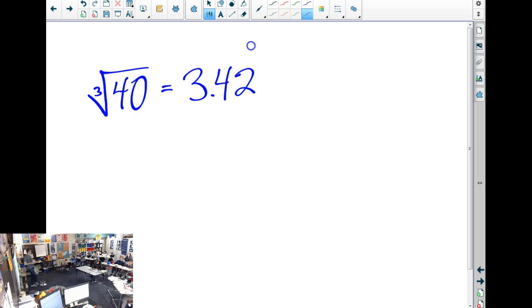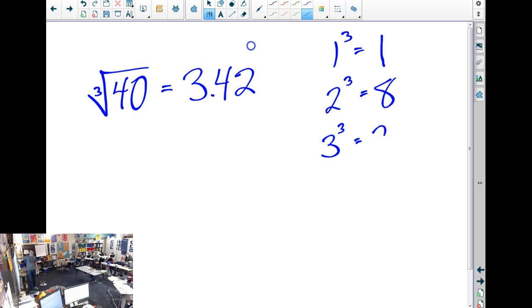Now, if we try to go to reduced radical form, we're looking for, is there a perfect cube that can multiply as a factor of 40? So let's think through a few perfect cubes. What's 1 cubed? 1, careful. 2 cubed? 8, because 2 times 2 times 2.